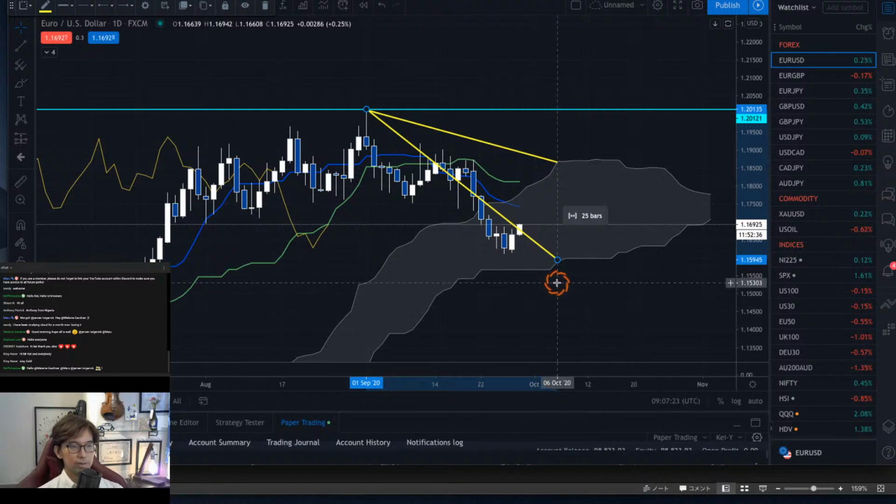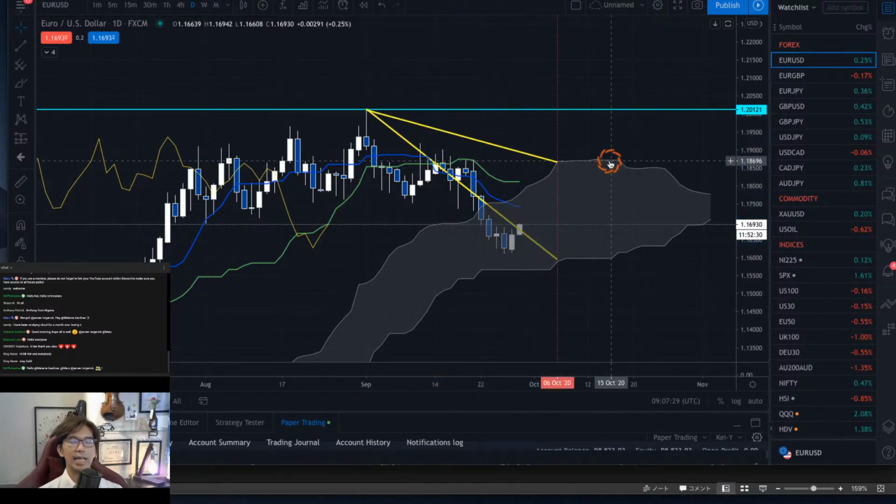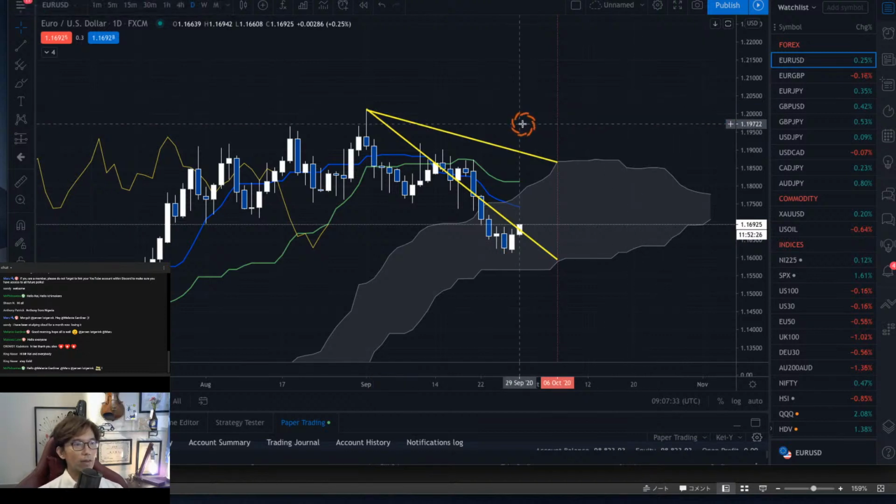And you can put the vertical line too. So these are the forecast lines that we call. Depending on how the market is moving along with these forecast lines, we can potentially expect which way the market will move next. Right now the price actually came within the forecast lines.